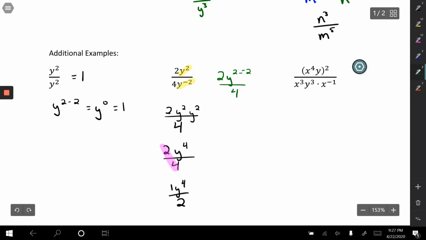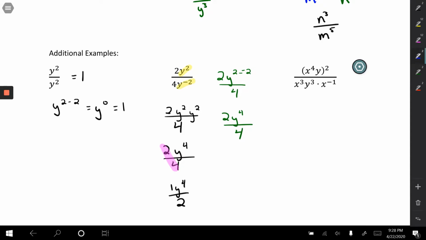So if I take 2 minus a negative 2, I'm still going to end with y to the 4th power, right? So even if I use my rules in a slightly different way, I still end up with exactly the same simplified answer. So if you see one rule that you want to use before another, go for it, okay? It doesn't really matter. They're still going to combine to get you the same simplified answer in the end.